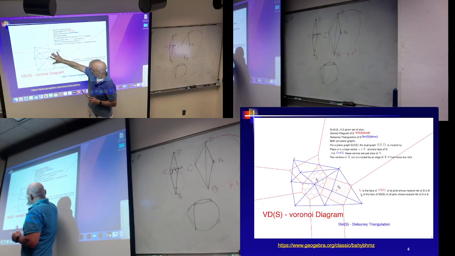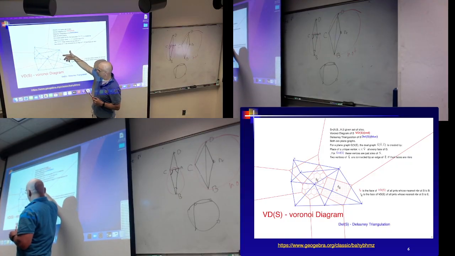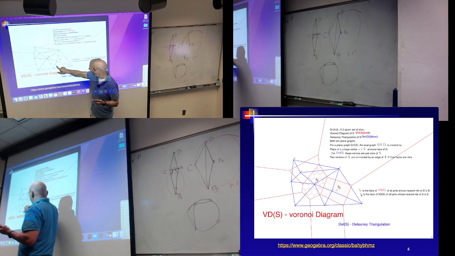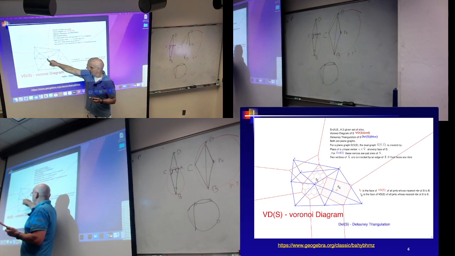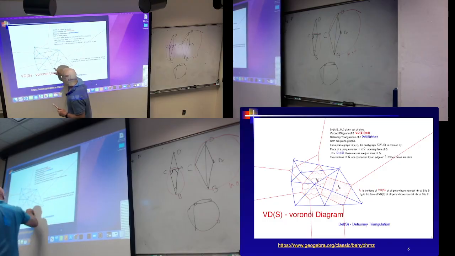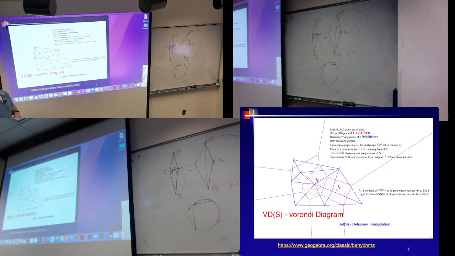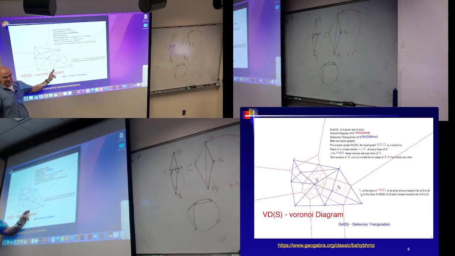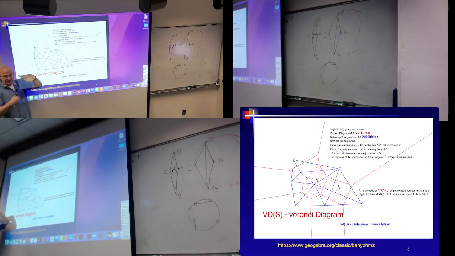I look at the original graph, say the Voronoi diagram, and I place a vertex of the dual at each site, and I connect 2 sites by an edge in the dual if the 2 faces that they sit on are neighboring, that they share an edge.